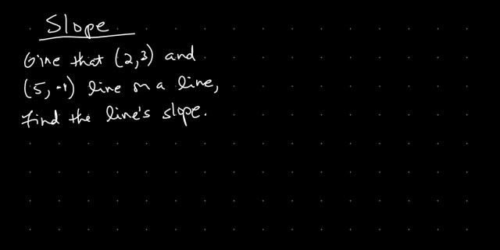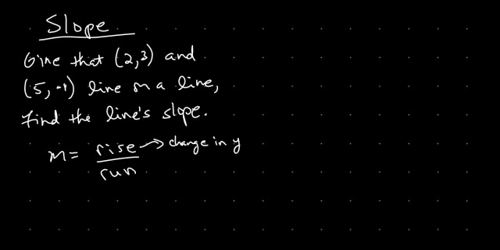Okay, so we know that our slope m equals rise over run. That rise is the change in y. So our y coordinates tell us how we rise, and the run is the change in x.